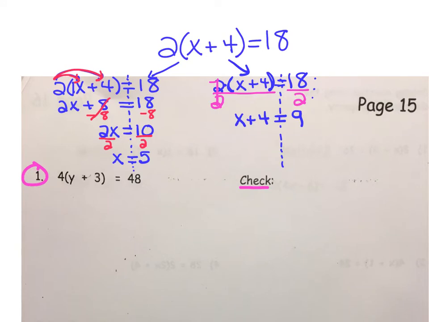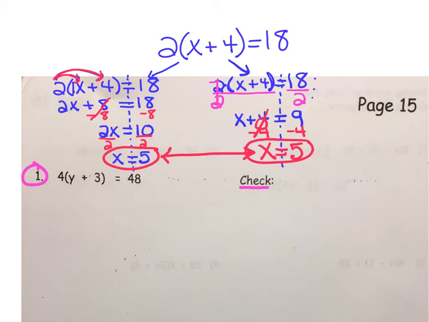And then we simply take 4 away from both sides and zero out that term. We get x equals 5. So whether you distribute or whether you use our second technique and divide both sides by 2, you get the answer x equals 5, no matter what. Both techniques will always work.